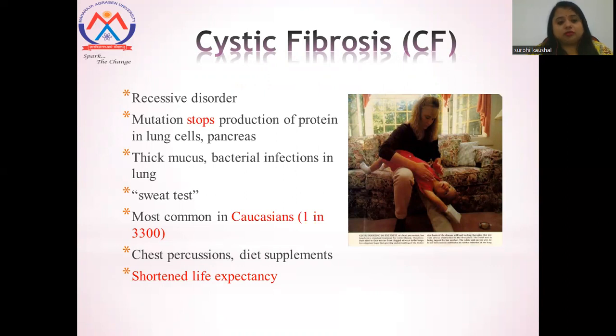There is thick mucus and bacterial infection in the lungs. A test performed for diagnosis is known as the sweat test. It is most common in Caucasians, 1 in 3,300 people. The treatments are chest physiotherapy and diet supplements, and people with this disorder have a shortened life expectancy.